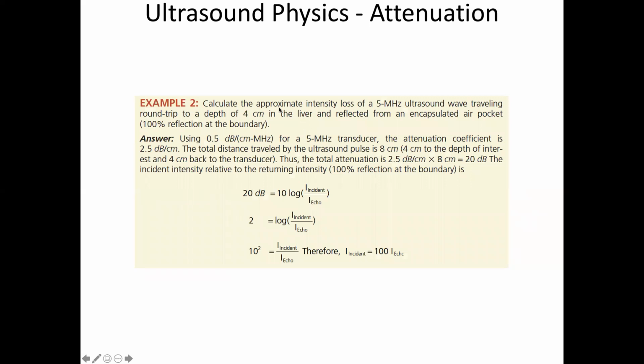Okay. So if you just look at the numbers that we have, a 5 megahertz ultrasound wave traveling a round trip to a depth of 4 centimeters, right? So it's in the liver, it's reflecting from a little pocket of air in the liver. So they're assuming because the change in impedance is so high that the entire thing gets reflected back, right?